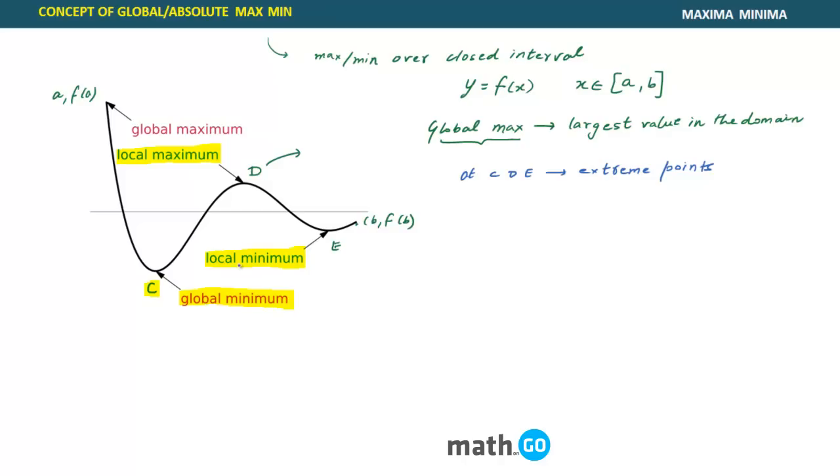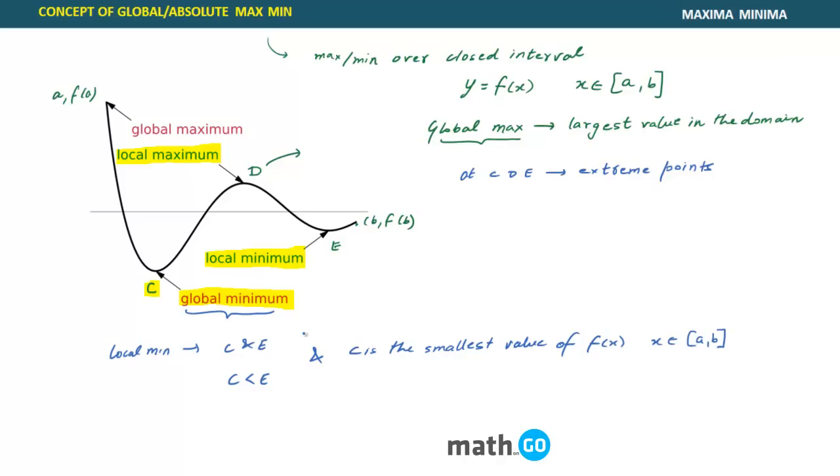For example, here there are two local minimums, C and E, and out of these we know that C is less than E and C is the smallest value of f(x) in this particular domain. That is why I have attributed it to be global minimum.